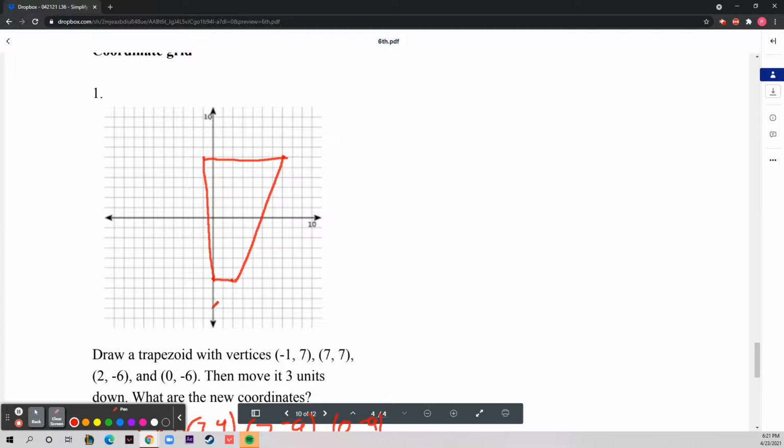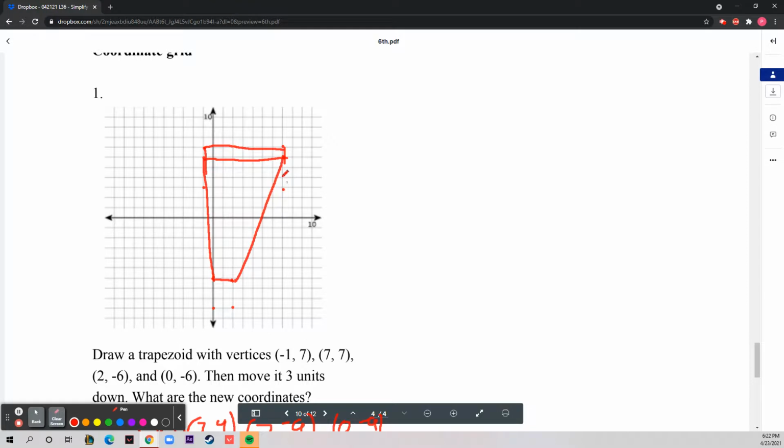So our new coordinates should be here, here, here, and here. Oh, my bad. I made a mistake. It should actually be up here. The original one should be up here, at negative 1, 7 and 7, 7. So this is what it is. All right, that's my bad.